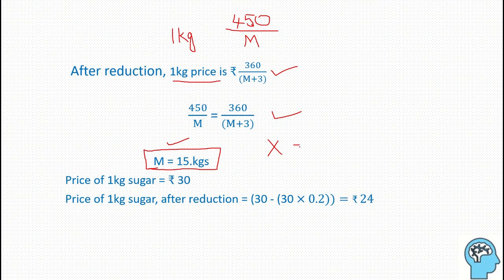That x we already got as 450. So the price of 1 kg of sugar will be 450 by 15, that is 30 rupees.